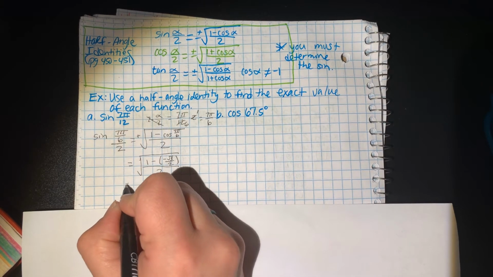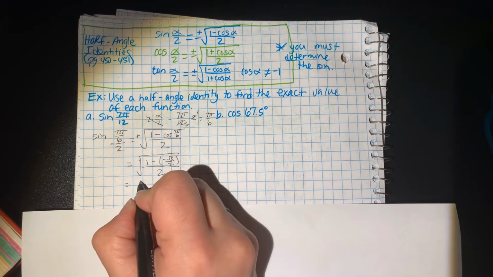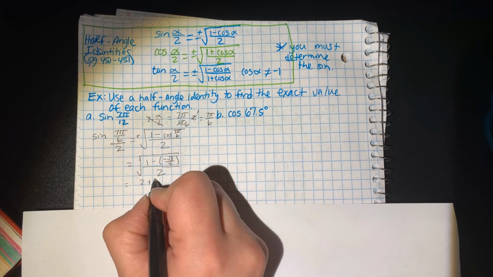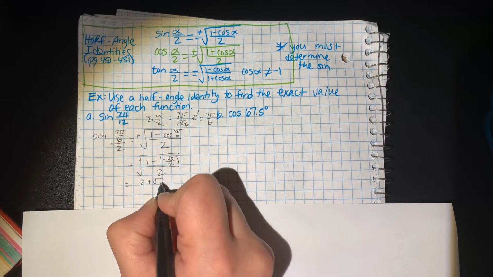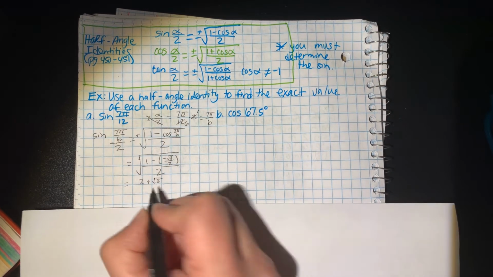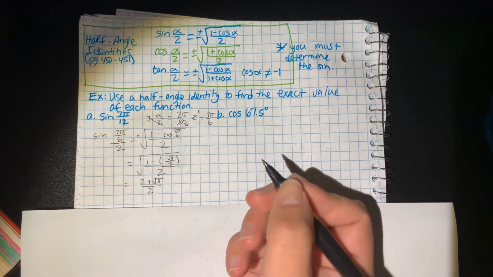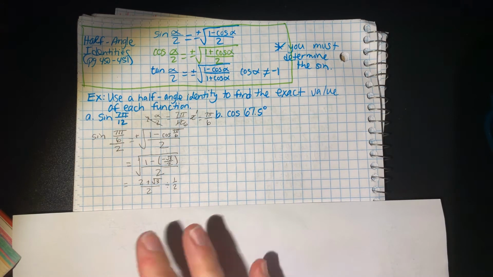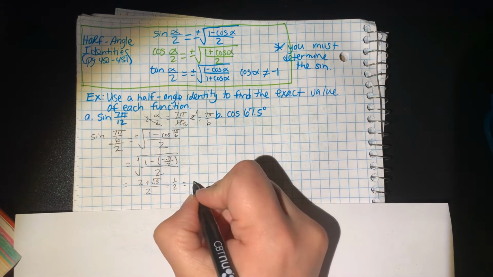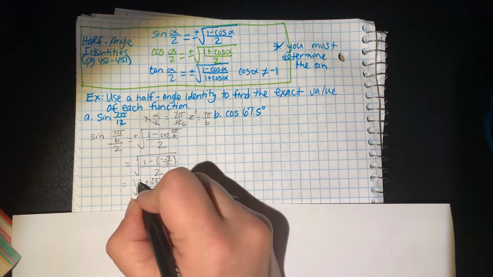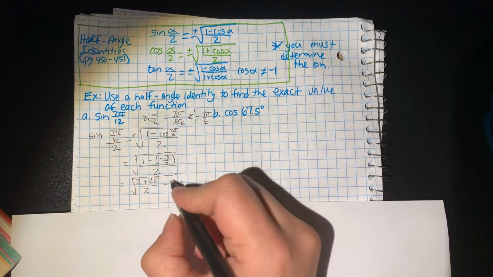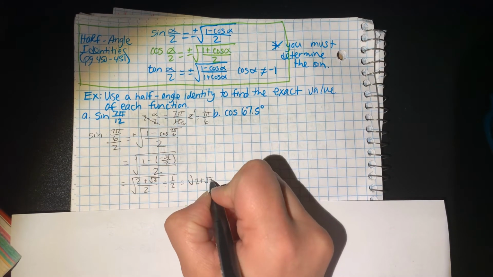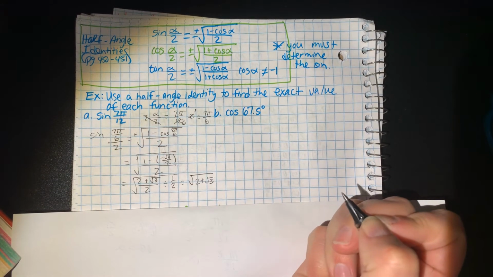So that would be 2 plus the square root of 3 over 2, divided by 2. We could flip that. So we would have, this needs to be in the square root. So we would have the square root of 2 plus the square root of 3. And that would be your answer.